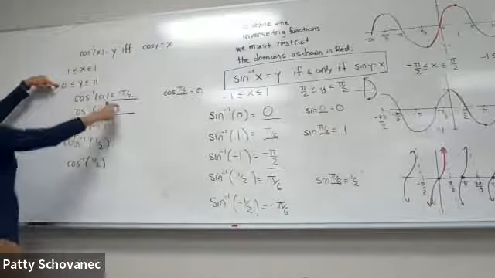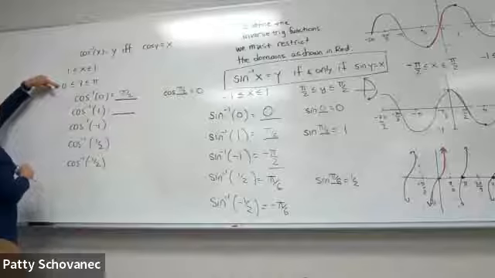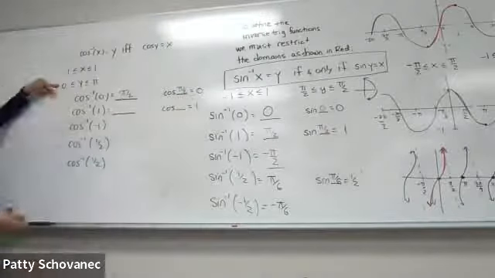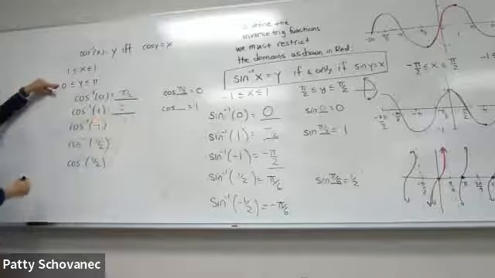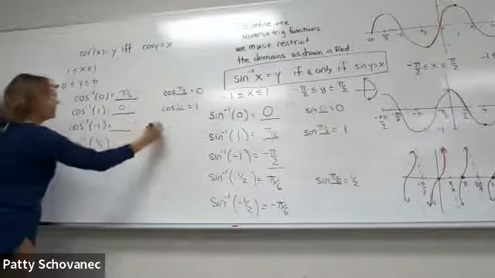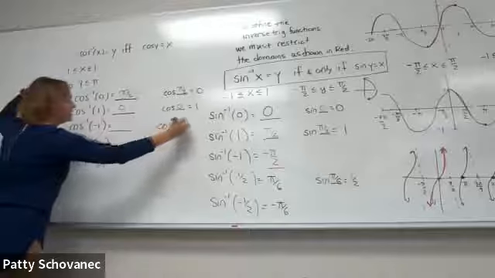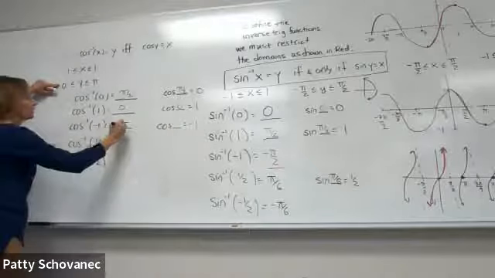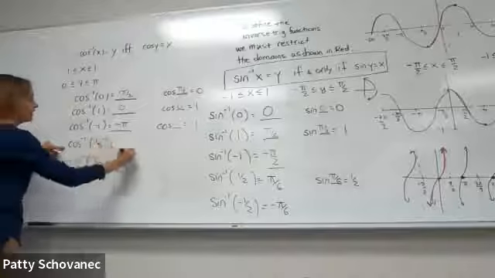What angle? That's a y. What angle in here am I taking the cosine of to get 1? 0. All right, what angle in here am I taking the cosine of to get -1? Pi. Good.